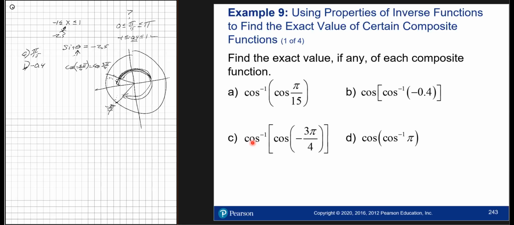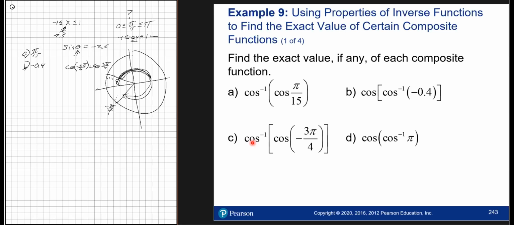All right, they follow the exact same pattern as sine, cosine, and tangent. You just have to be careful of the domain, what angles you can get.